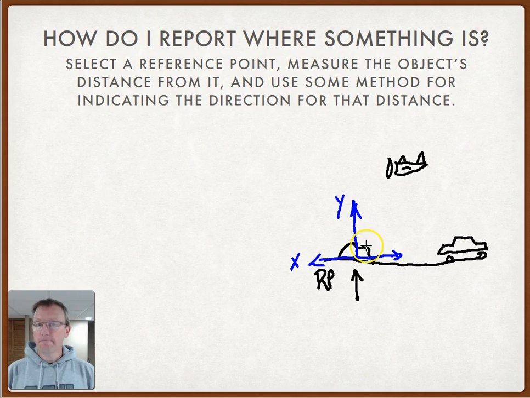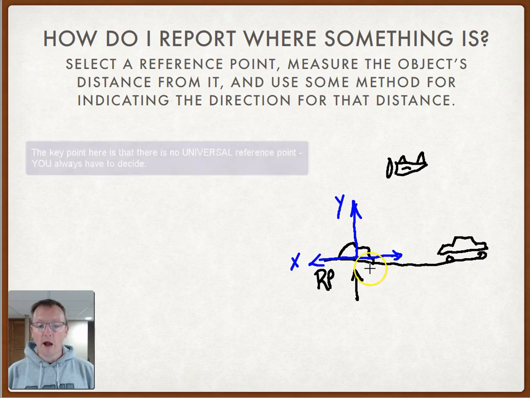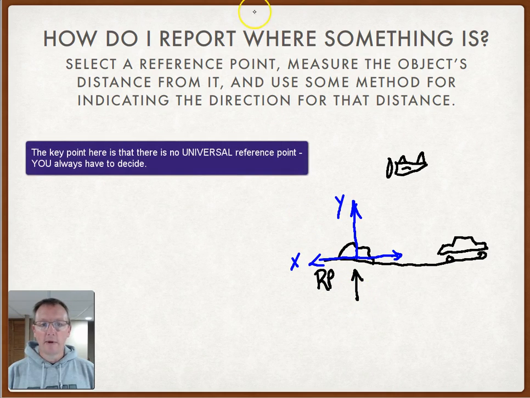And who decided that? I did. You can really decide wherever you want. But it's convenient here because I'm able to then measure the distance that the little toy car is away from that rock. And then if somebody asks me, hey, where's the car? I can say it's this distance away from the rock. So hopefully that makes sense to you guys.